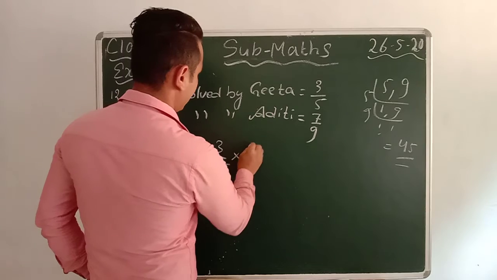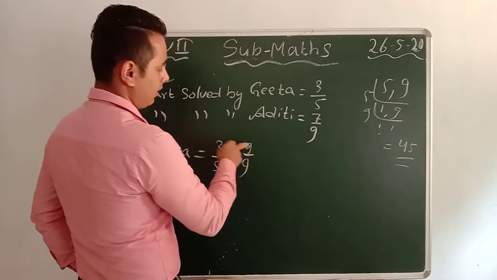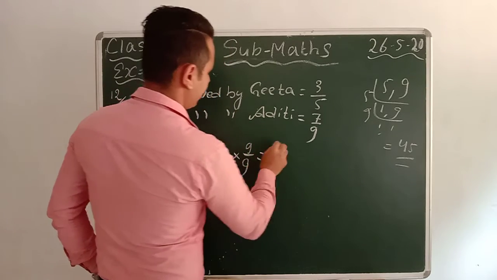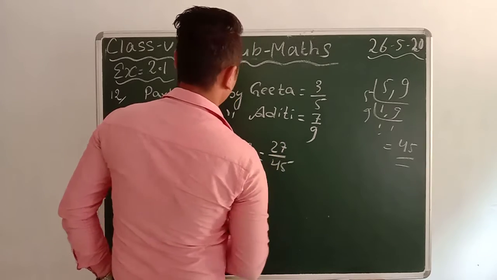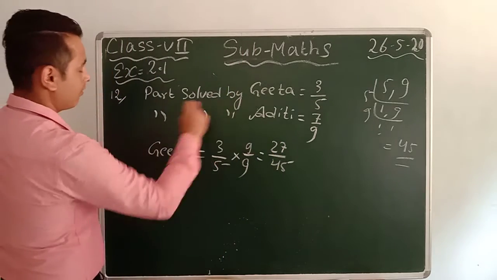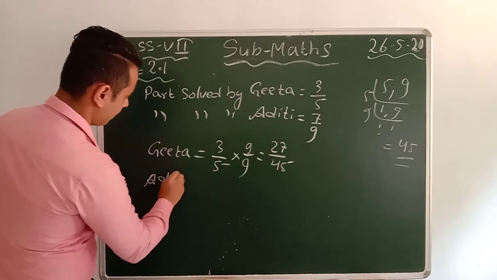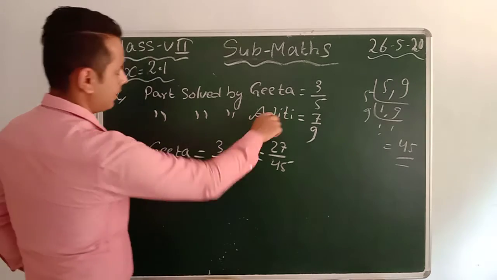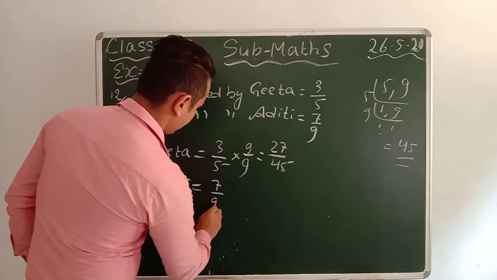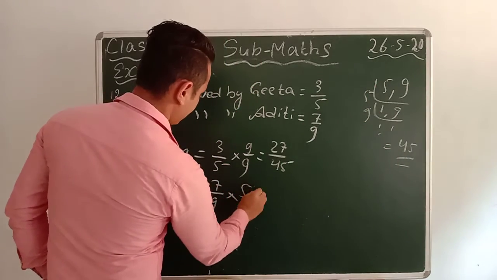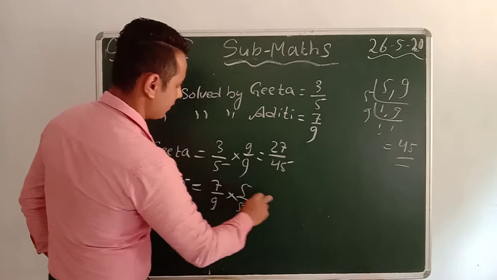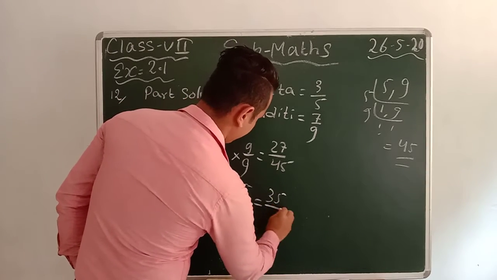So multiply 9 in both denominator and numerator, which gives you 27 by 45. Again for Aditi, who solved 7 by 9, how much do you need to get 45? We need 5. So multiply by 5 by 5, which gives you 7 5s are 35 by 9 5s are 45.